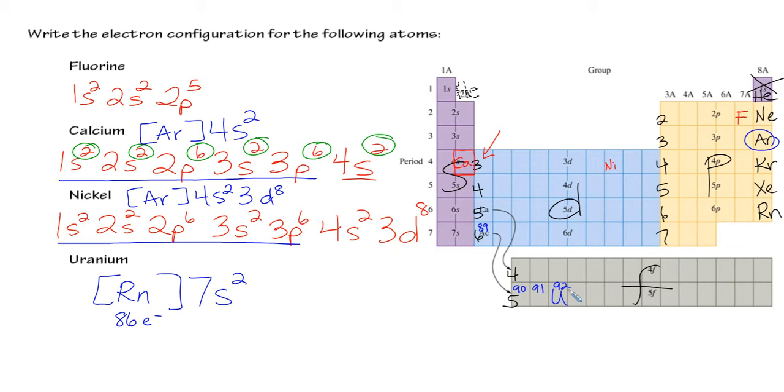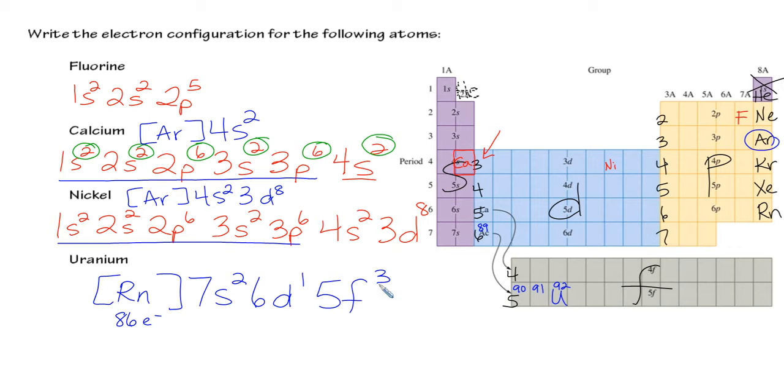You could do this. You could go 6d1. That's element 89. And then you could go down here and hit 5f3. This is probably the best way of doing uranium.